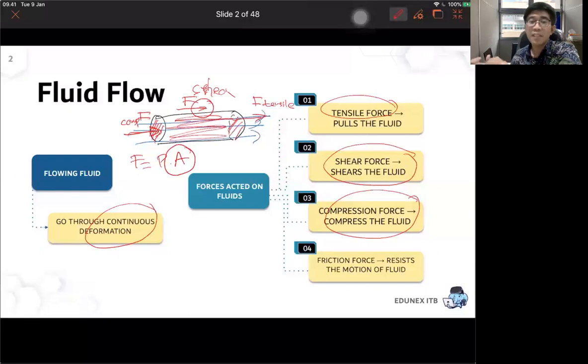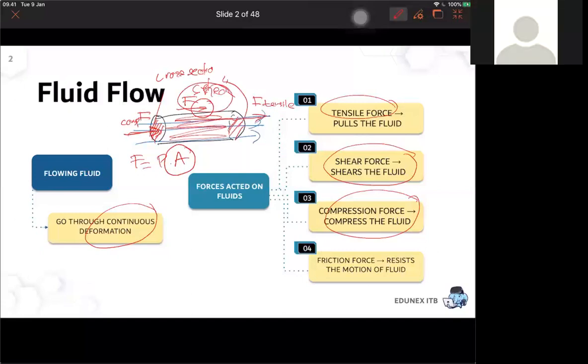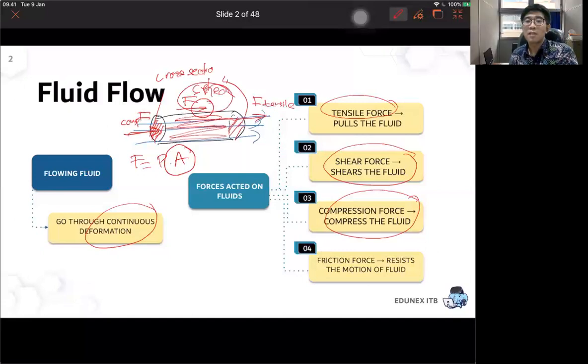But the direction is the same. Just how to calculate the value in terms of area is different. Both for the compression and tensile, it is perpendicular, or the cross section. This is the cross section. This one is also cross section. But for the shear, it will be the surface of the pipe. Luas selimut.